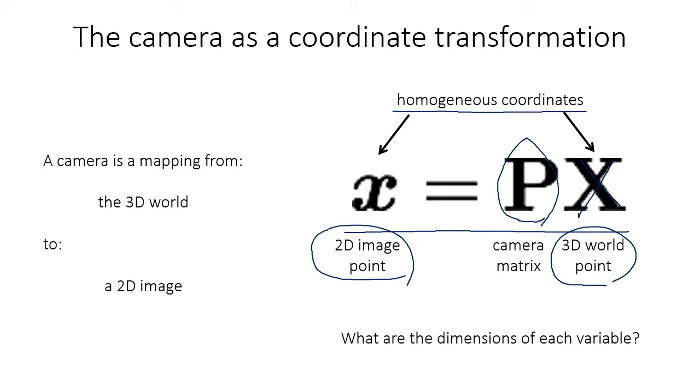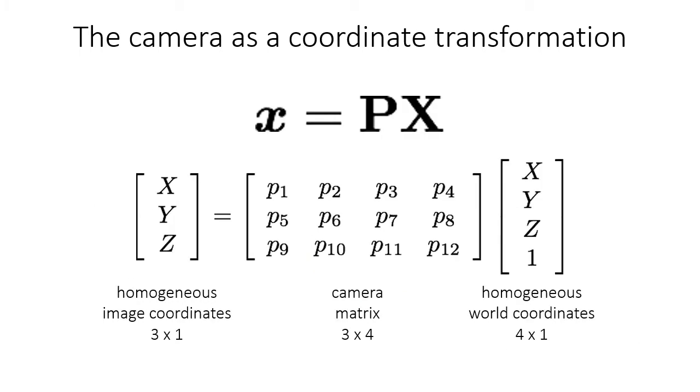So let's look at the dimensions of each variable. We learned homogeneous coordinates in the previous lecture.